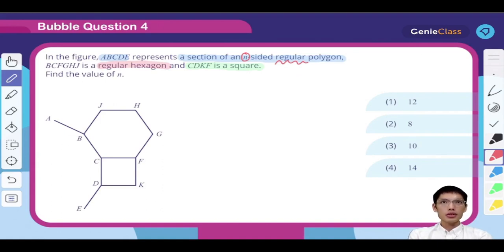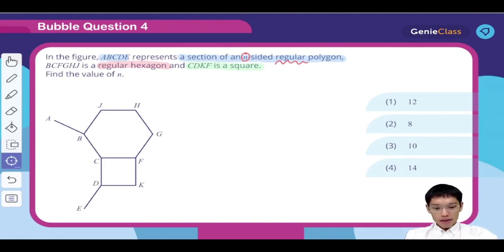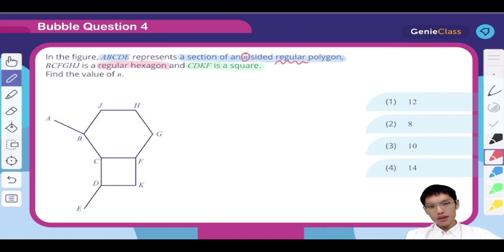Alright, look at the responses. So take note, you have a hexagon, you have a square. To find the value of n in this case, n refers to which one? I hope you guys realize it's this one. How many sides are there? Very important. Last 28 seconds.